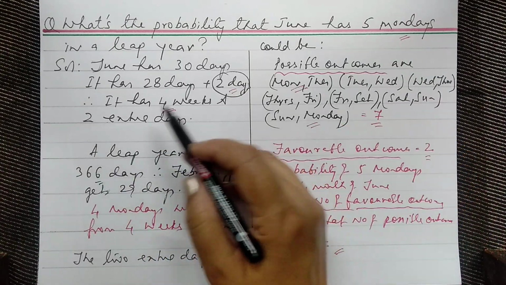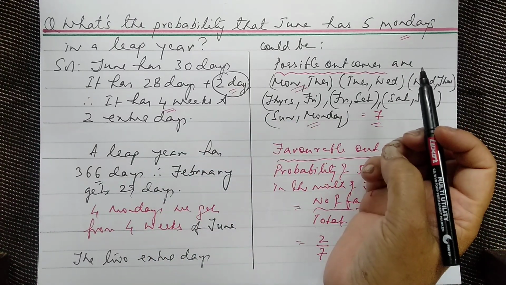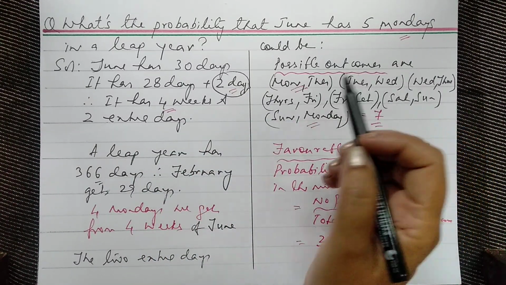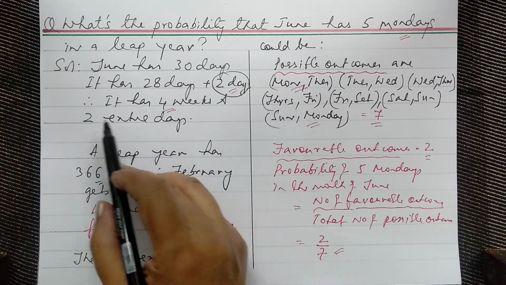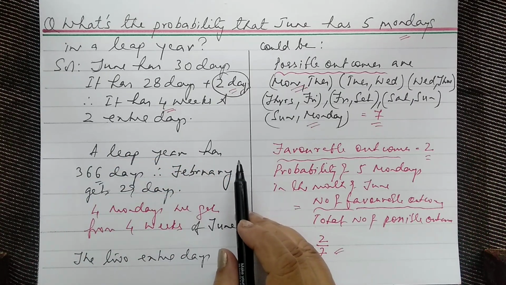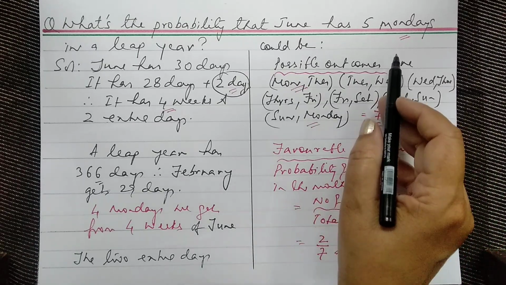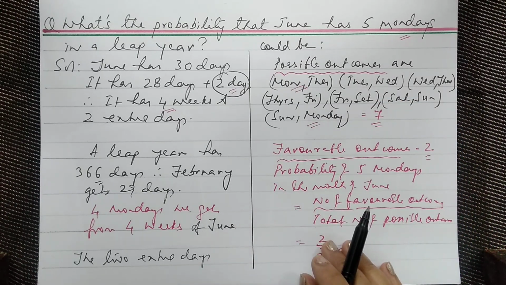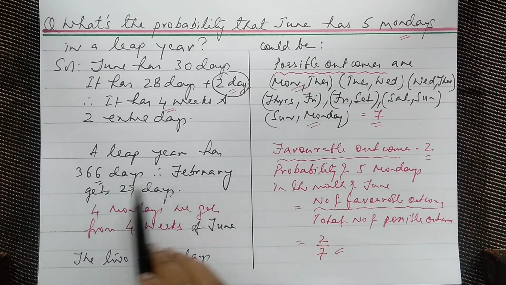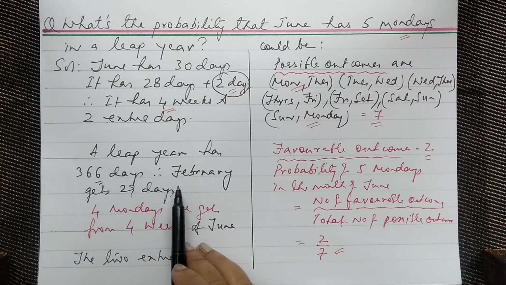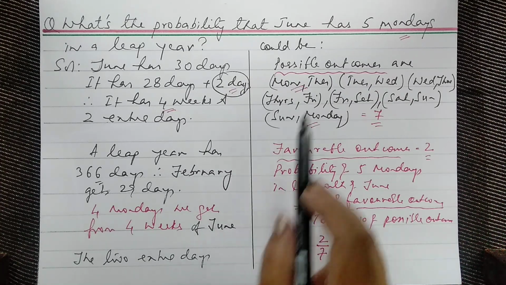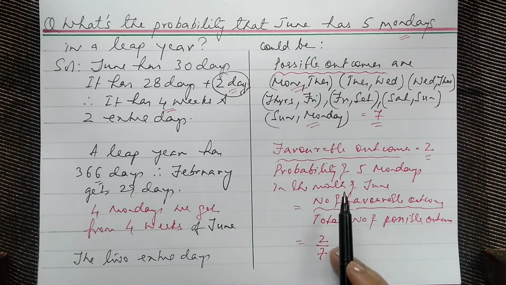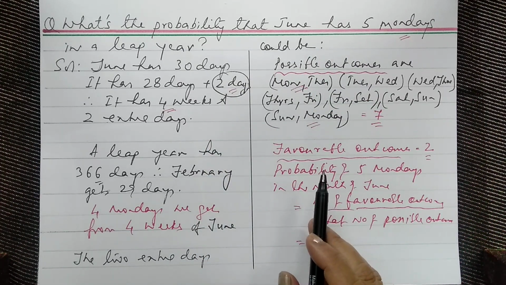The 2 extra days will pose different combinations before us, so we'll have to find those combinations which are favorable for Mondays. A leap year has 366 days. Therefore, which month is benefited? It's February. It's not June, guys. So that is to mislead.